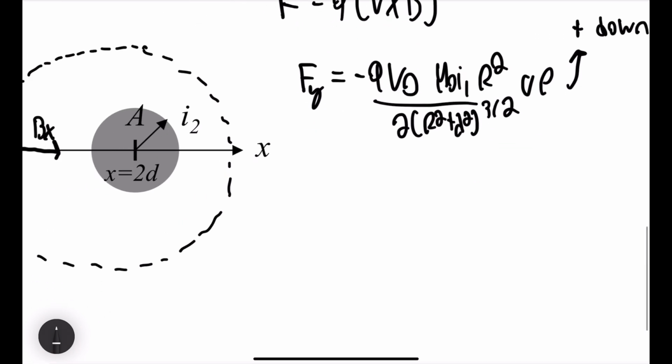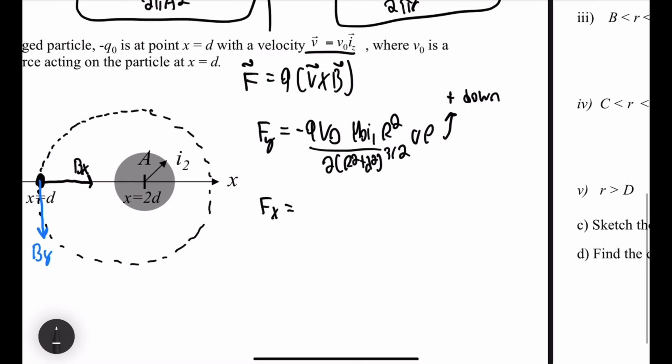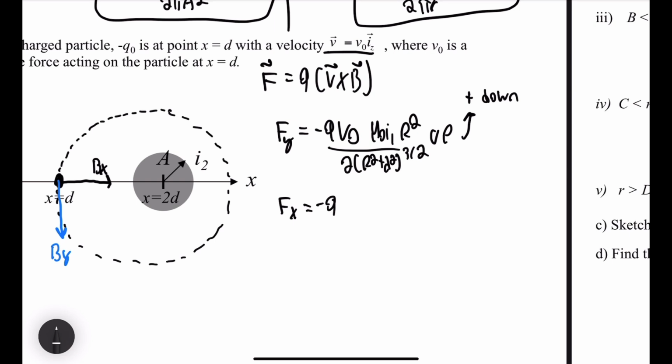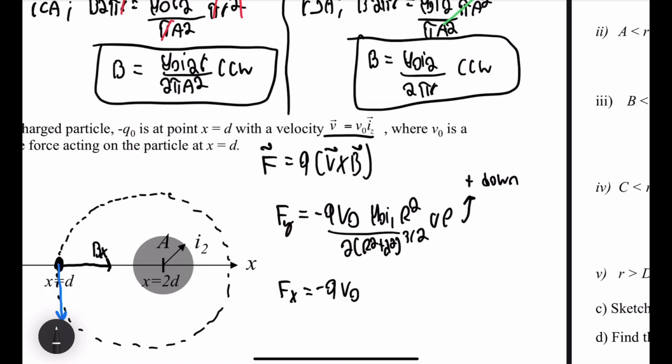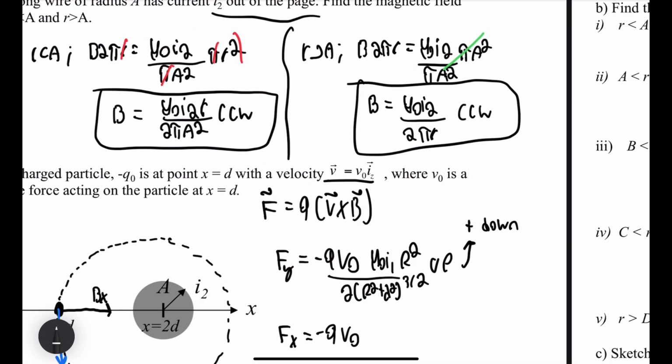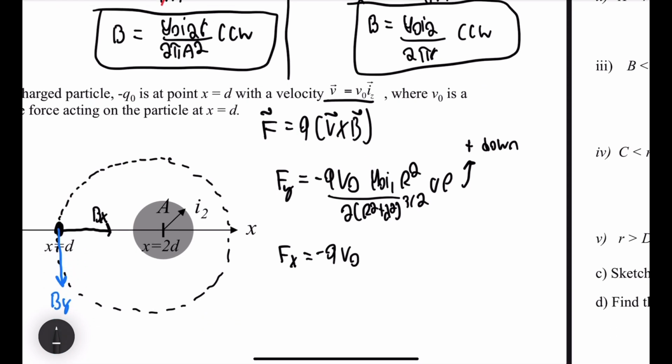And because this is F of y, that means the next force will most likely be F of x. So if I repeat the process, I'll get negative q v naught times B of Y. There's two B of Y's, right? But the one on the left is when we're inside of the wire. The one on the right is when we're outside. And currently we're outside, so we're going to use the one on the right.